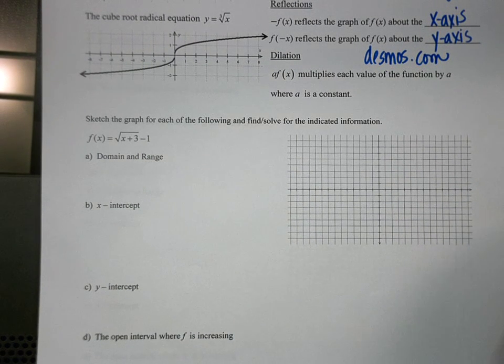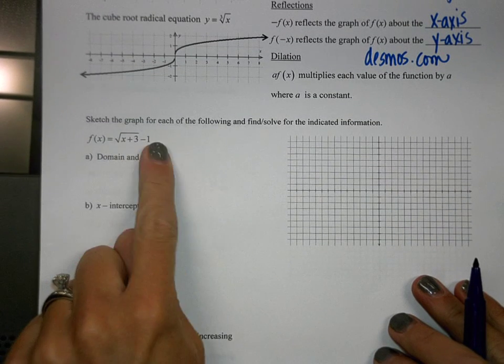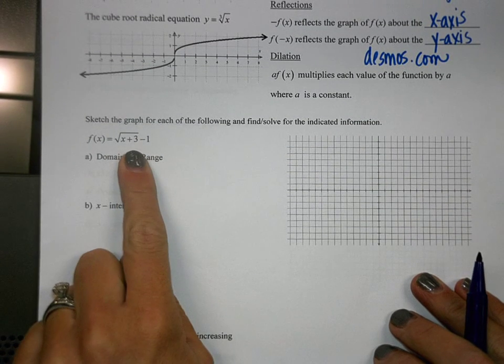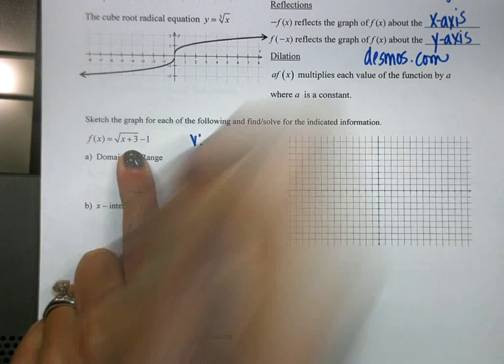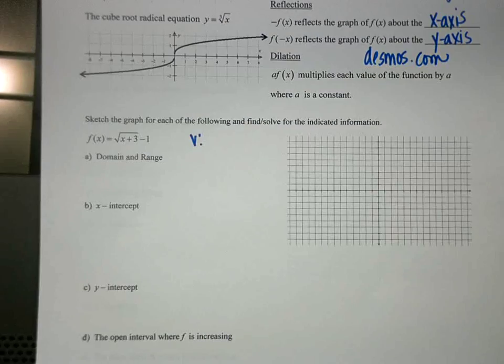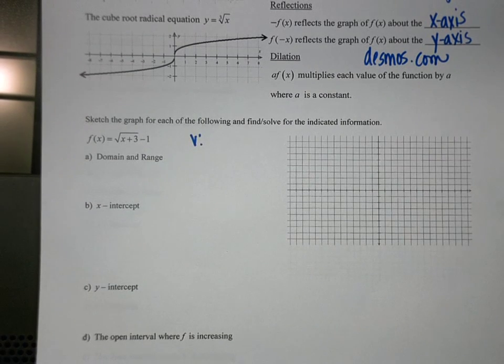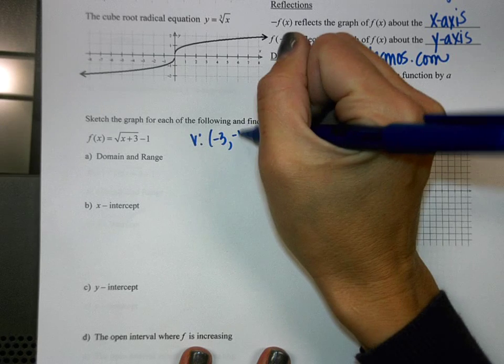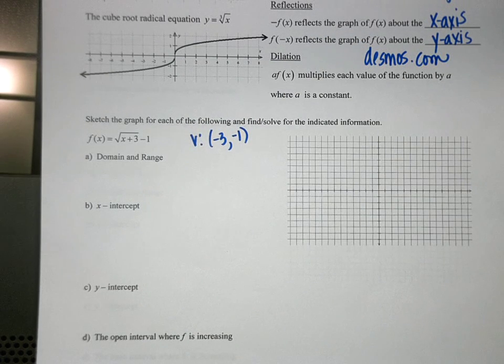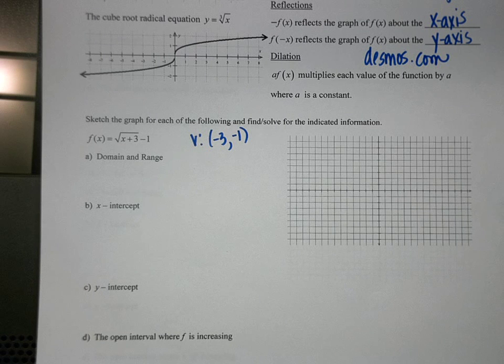So we're going to start by sketching the graph for each of the following functions. The first thing is that with the square root, this has a vertex, okay? And it's just like how we worked with vertexes earlier on in the year. And so what would this vertex be? -3, -1. So remember anything that's with X, and if you have something like with a root or a parentheses, it's always the opposite when it comes out.